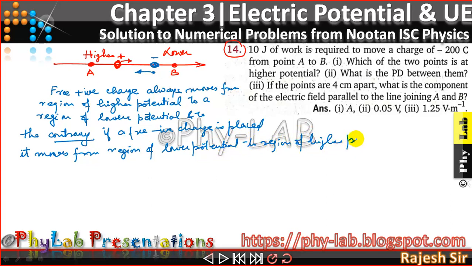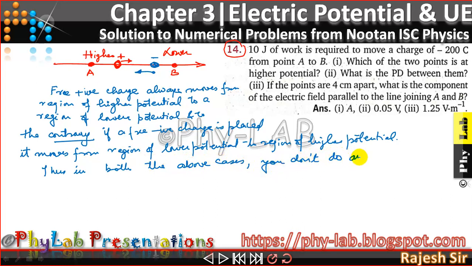That suggests, friends, that in both the cases you don't have to do the work. Thus, in both the above cases, you don't do any work, rather work is obtained.